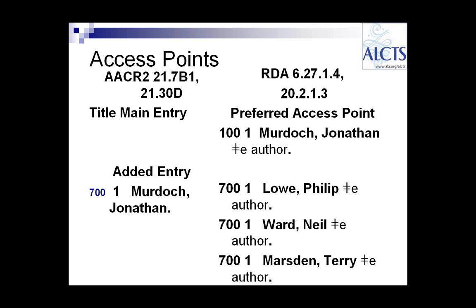So you really don't know what relationship Murdoch has played in AACR2, but with RDA and the relationship designator, it's clear that he is the author. Do note that the across-the-board use of relationship designators is a change from AACR2.